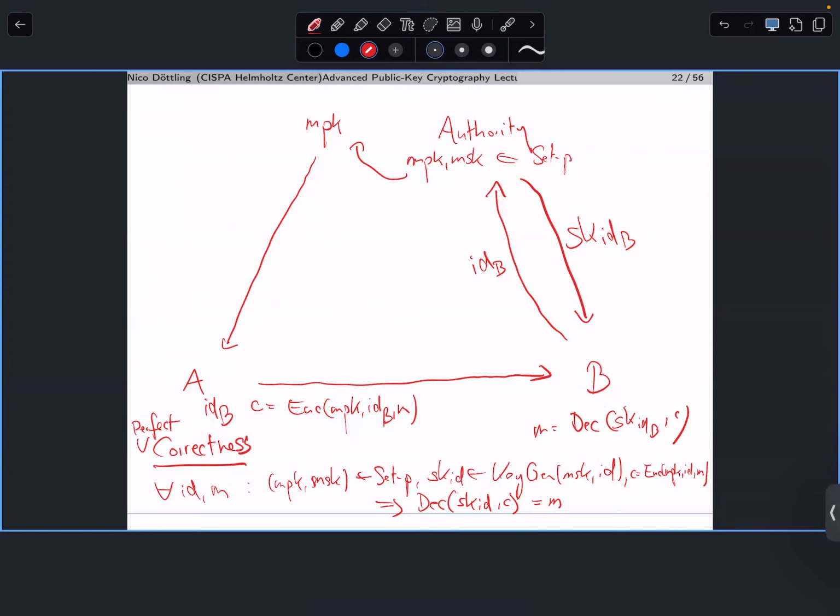Question. So the authority holds Bob's secret key, everyone's secret key. So the master secret key is short, right?